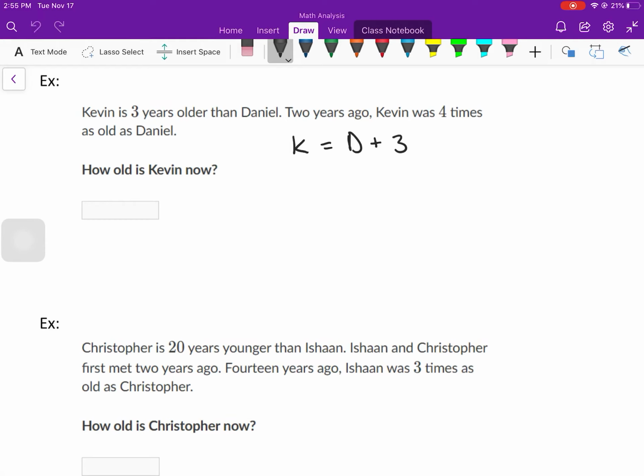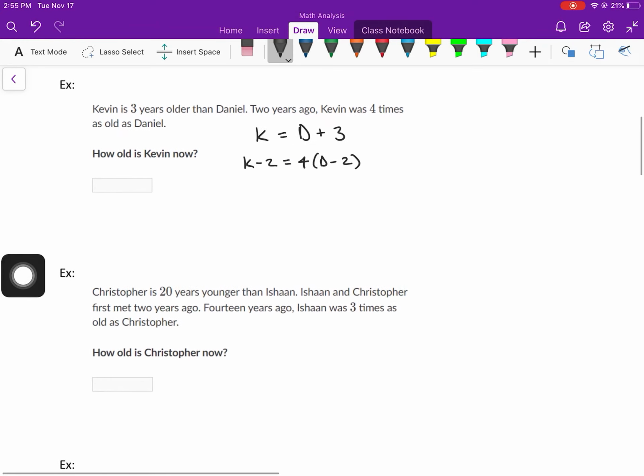Now we've got to go back 2 years. So Kevin's age minus 2 was 4 times as old as Daniel's age minus 2, right? So this is 2 years ago: Kevin's age 2 years ago is 4 times Daniel's age 2 years ago.